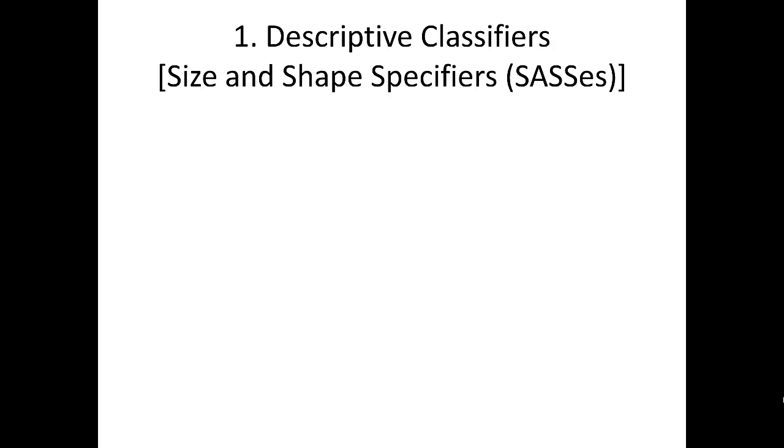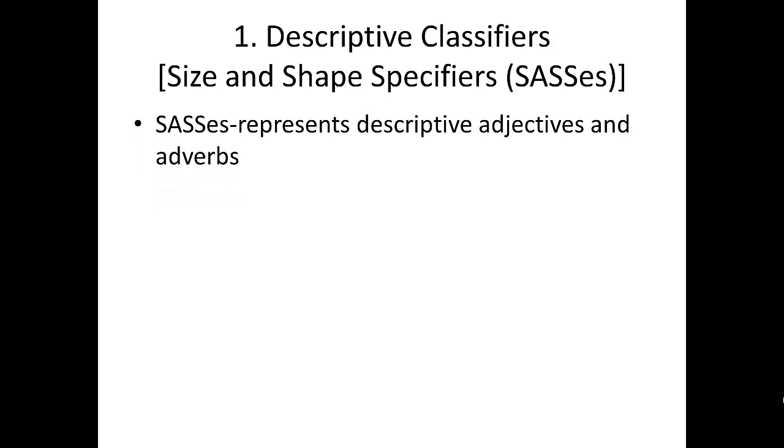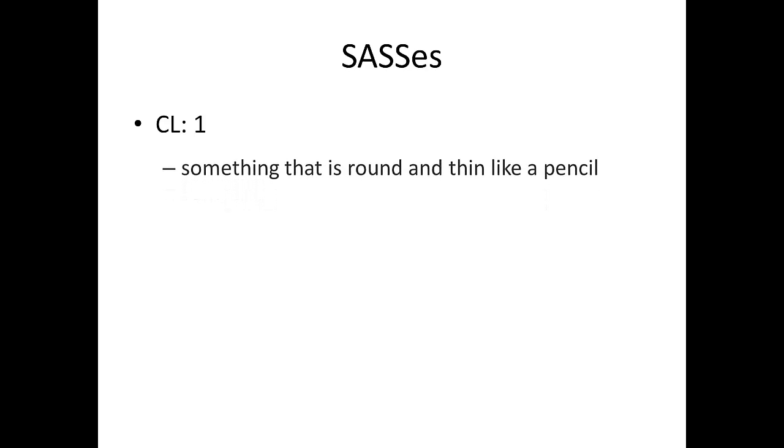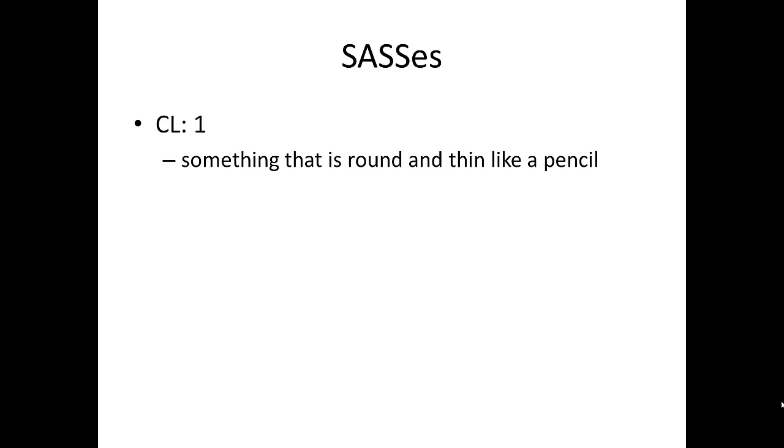So, size and shape specifiers are descriptive classifiers. They are descriptive adjectives or adverbs. They describe physical characteristics: shape, texture, size. Examples of size and shape specifiers could be a classifier 1 that represents something round and thin, for example, a pencil.